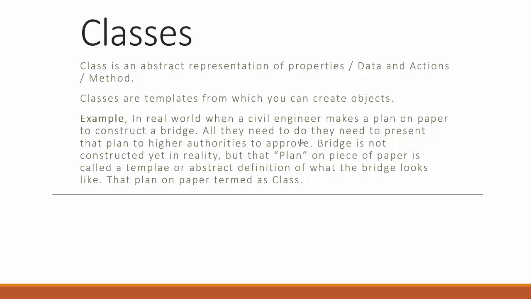That plan includes all the details: what the bridge will look like, what kind of material will be used, and what the dimensions will be, the height, the width, and all that stuff. So that plan on a piece of paper is basically called a class, right? If we simulate this concept in computer programming, that plan is going to be a class.